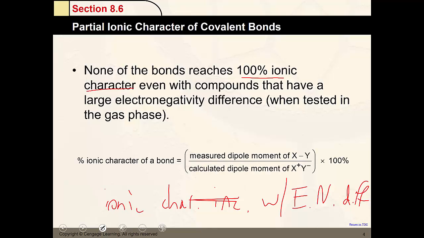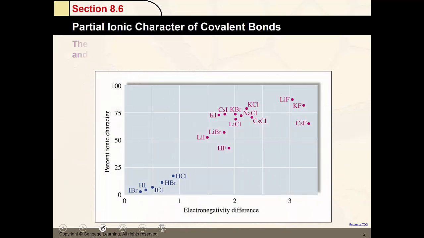So you don't have to know this equation at all, just know that as the difference in dipole moment increases, as that electronegativity difference increases, so does ionic character. So there's no totally ionic bonds between atoms. They have large percentages of ionic character, but never 100%, as you can see from this chart.